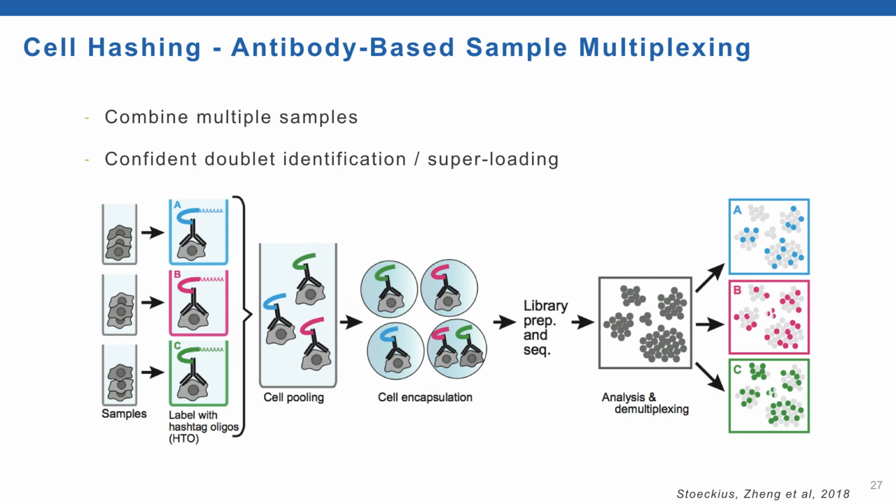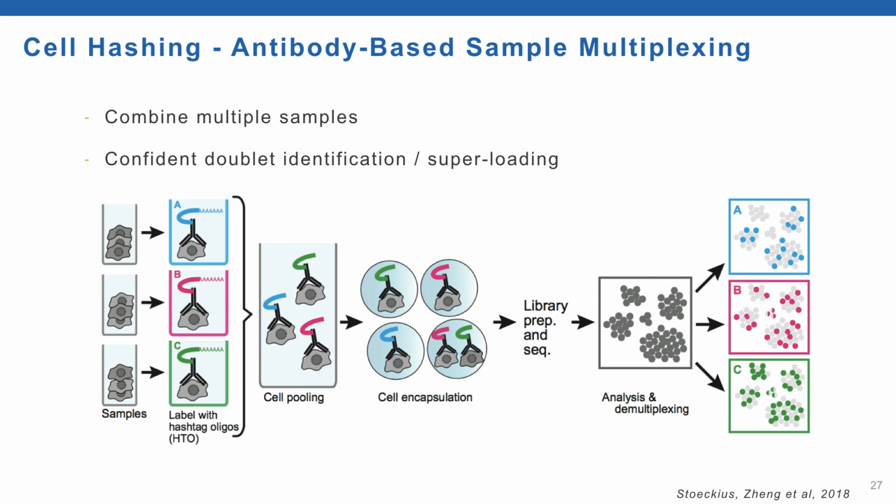The advantage that they showed here is that from a per experiment cost, this can really reduce that down, because if you only need a couple of thousand cells, then you can put a whole bunch of different patients together and get that many cells while only spending the money on the reagents once. What it also enables you to do is to really confidently identify doublets.